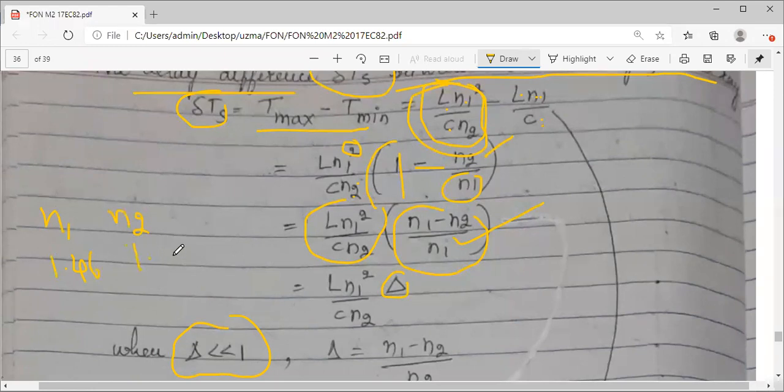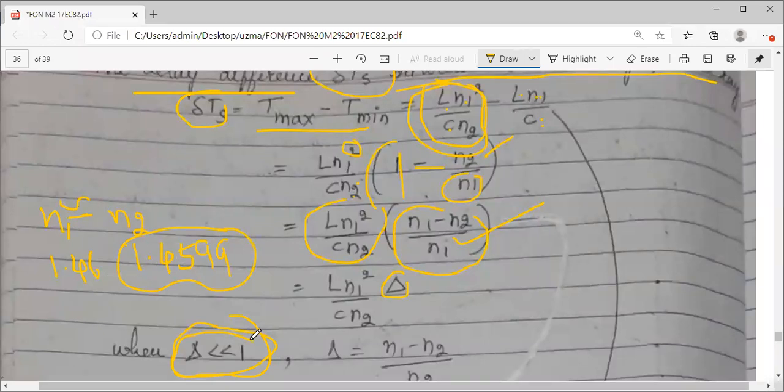If I take n2 as 1.459999, it is very close, so the difference is very small. If the difference is very small, I can approximately equate both; you take this as 1.46 only.